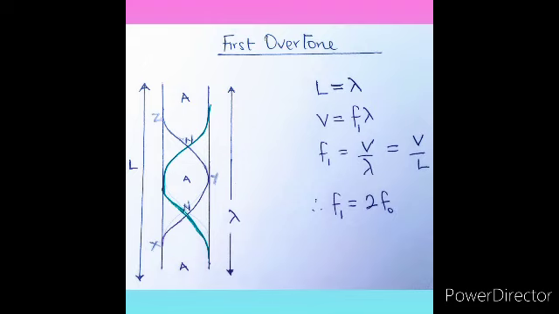So 2 times V over 2L gives us V over L. And that's why we say that the first overtone is the second harmonic. Remember once again, a harmonic is a multiple of the fundamental frequency.